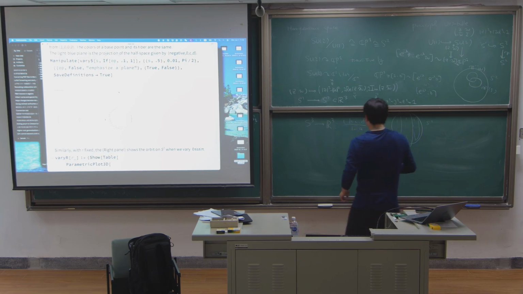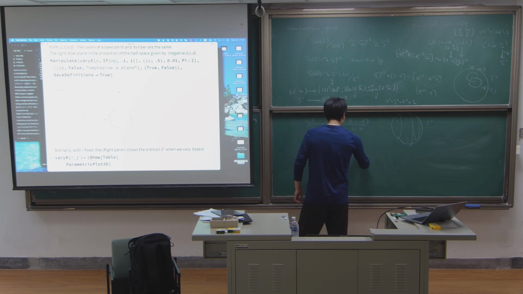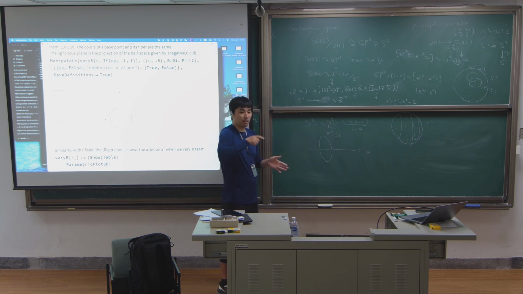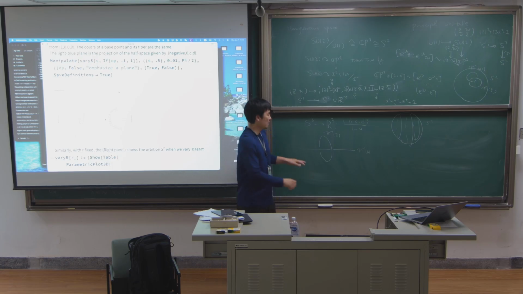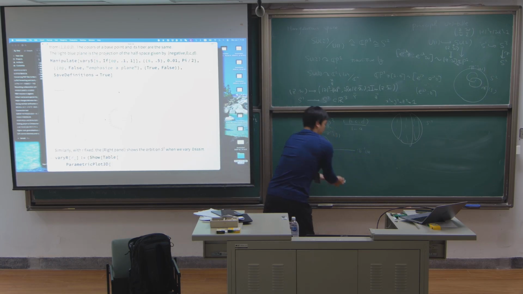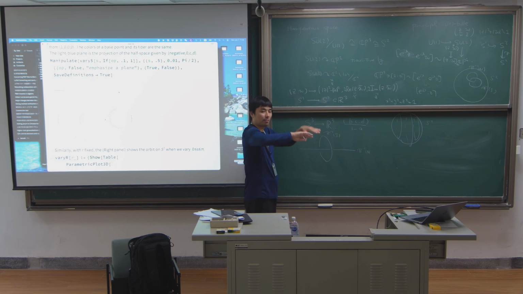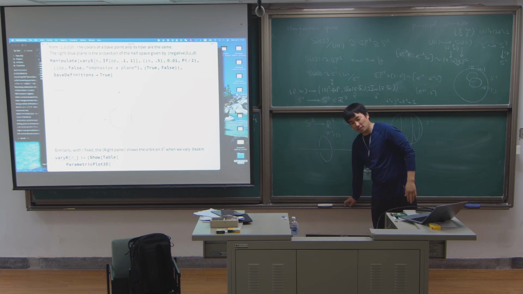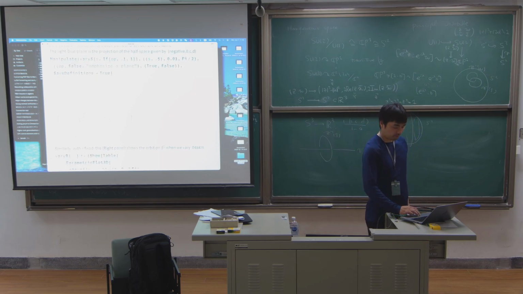So in R3, the pre-image of the north pole is this one, and the pre-image of the south pole is something like this one. You can see the linking number is 1. So this one goes to infinity and becomes a circle, and therefore it becomes the Hopf link. So you can easily visualize it.